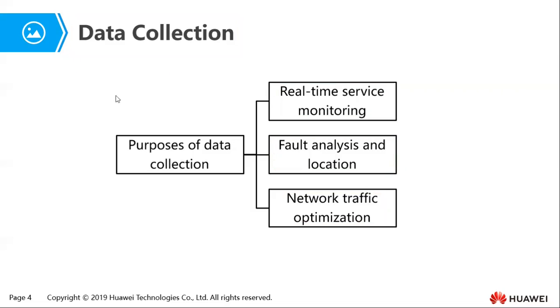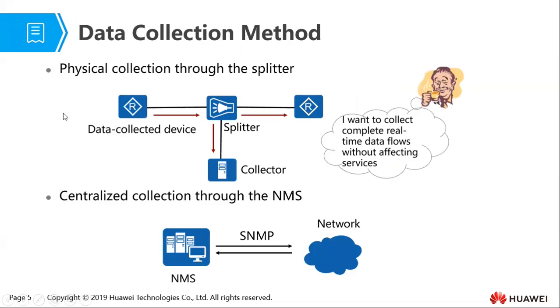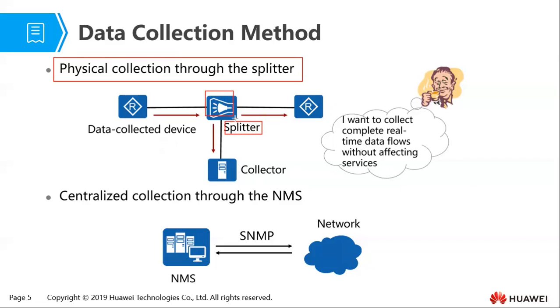Okay, so those are the reasons as to why we need to do data collection. We have several ways in which you can do data collection. There are actually two ways. One of them is by use of a physical device called a splitter. So if we want to copy packets from RTA to RTB, we install a splitter in between the link for RTA and RTB.